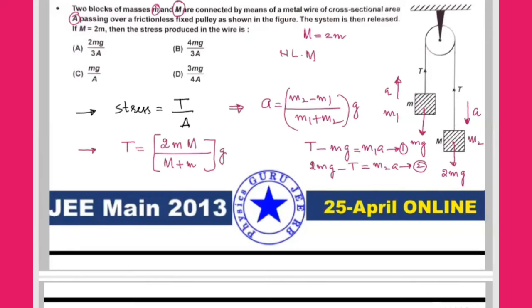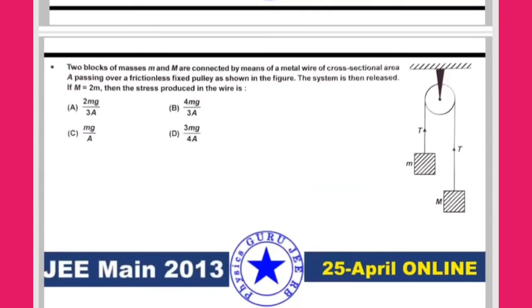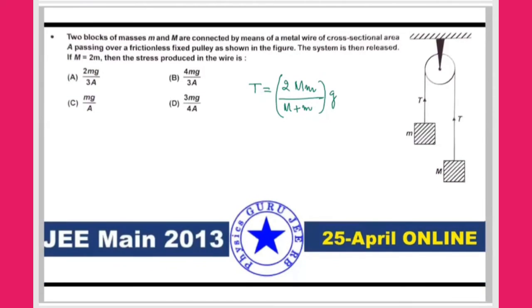Hope this is clear. Now we can substitute here. If I substitute, what is the tension? Tension T is equal to 2 into capital M into small m divided by (capital M plus small m) into g, or T equals 2 into 2m into m divided by (2m plus m), which is 3m, into g.